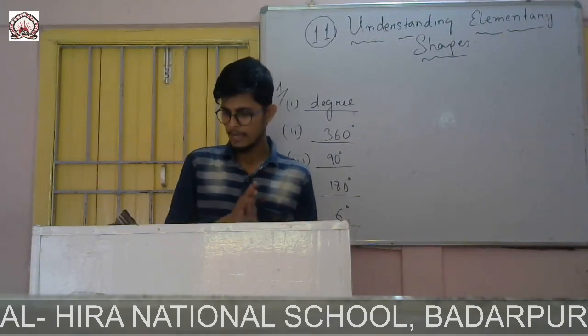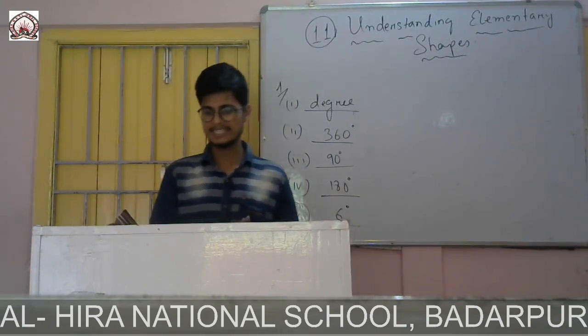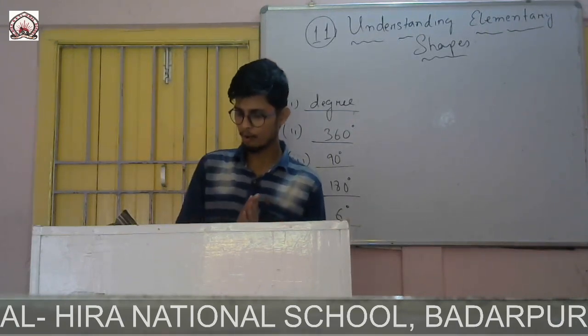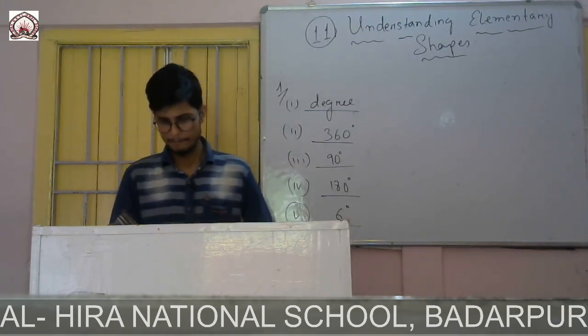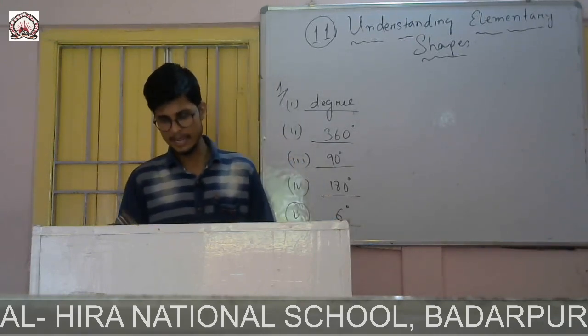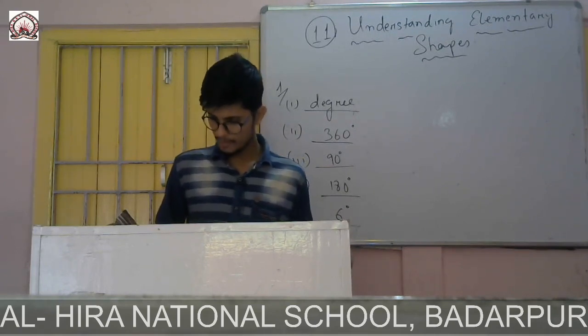Question number 2. In the given figure, a circle is divided into 4 equal parts. The lines given are AOD, AOC, BOC and BOD. How many times is the angle AOB of angle AOC?